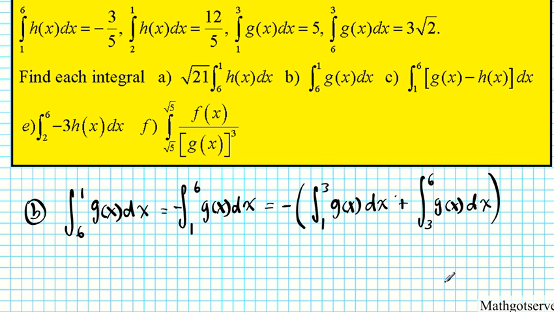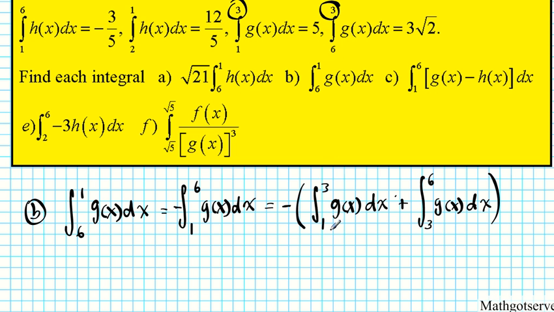Now what rule did I just use? I just used the additive rule. I can break it apart. I chose 3 because I know, based on what I'm given, that 3 is a midpoint between 1 and 6, and I know that it's associated with g.